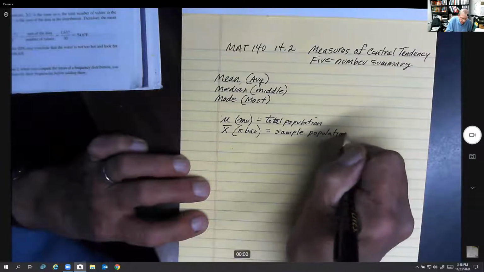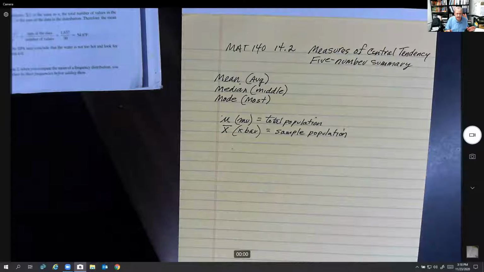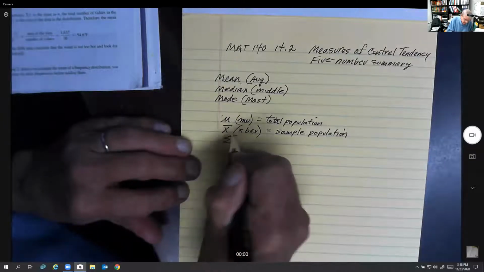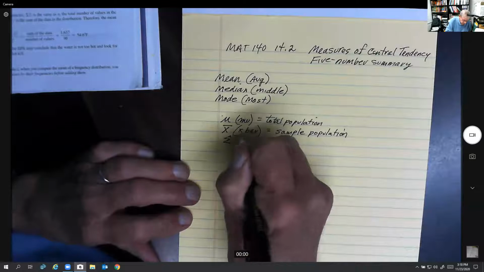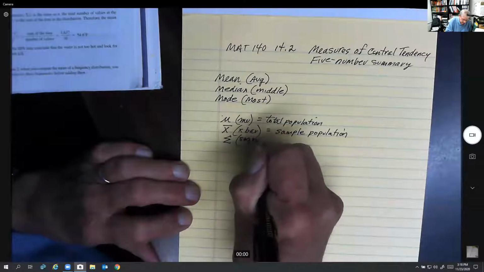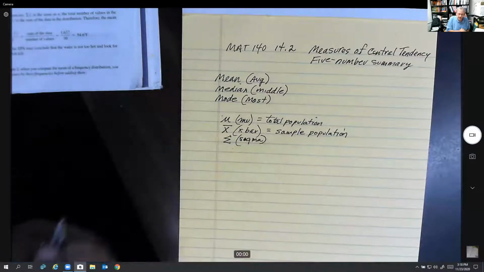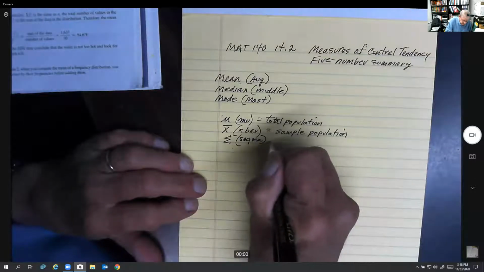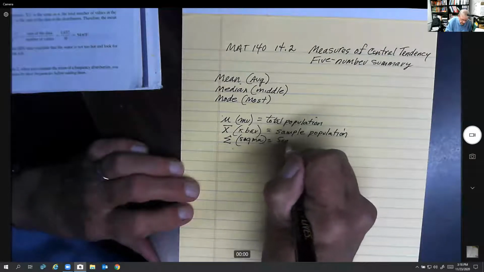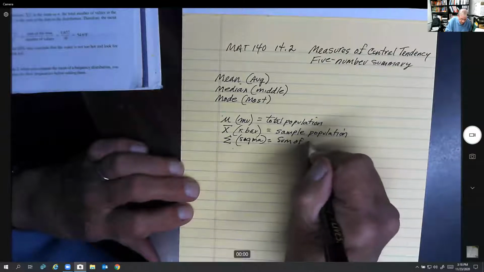When we want to add a whole bunch of numbers together, we use a symbol called sigma. Sigma means the sum. It's a Greek letter. Let me write down sigma. It's a capital letter, capital sigma, and it means the sum of a group of numbers.